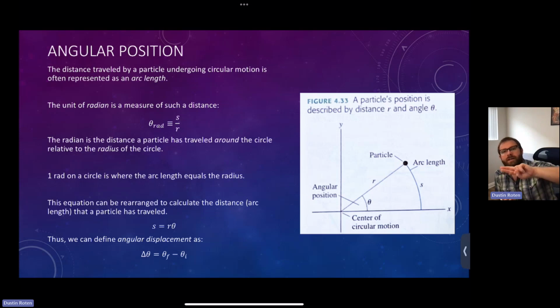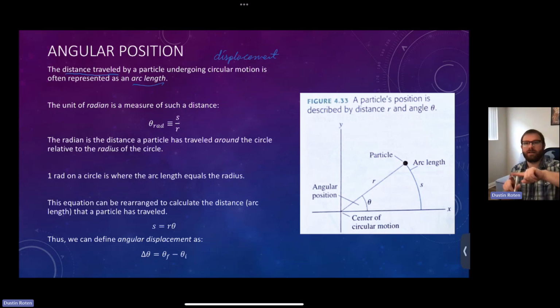So we also need to talk about how to calculate where this particle is and its displacement. We can say, oh, the particle is 1 meter away from the origin at an angle of 30 degrees. But if we're going to calculate a displacement, we want to know how far a particle's traveled. So essentially, this distance traveled by a particle, or this displacement, is represented by an arc length.